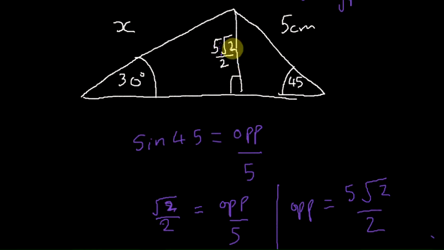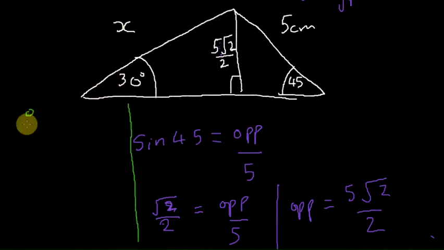Okay, so let's just change colours, and that's not a bad colour. We're just going to work in this little area here. So we've got the 30 degrees, we've got the opposite, and we want the hypotenuse. So we're talking sine, aren't we, now that we're getting familiar.